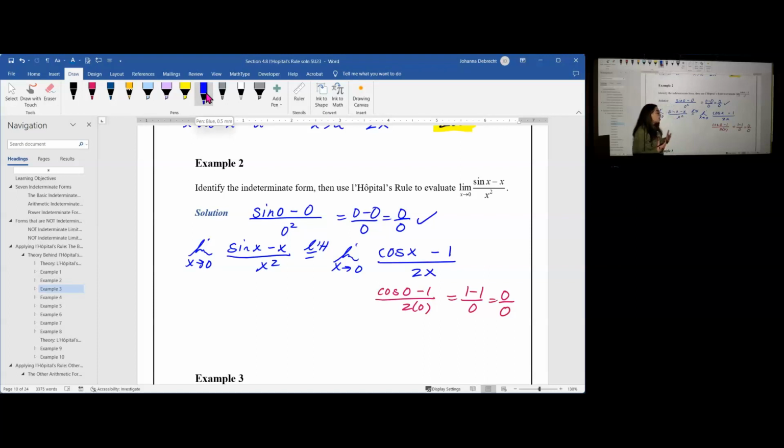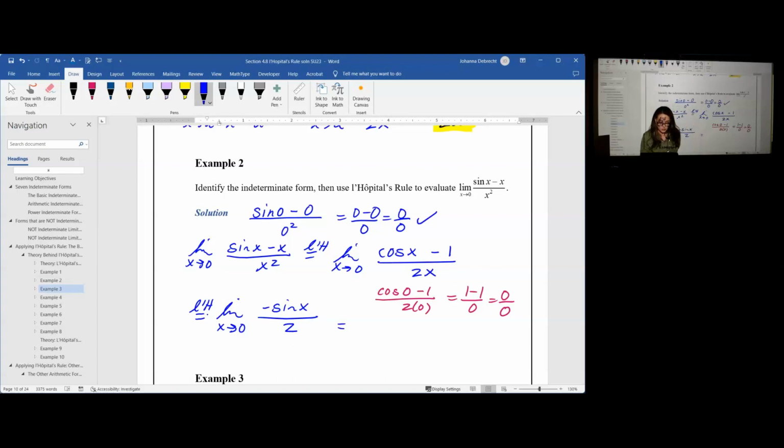But I happen to know that cosine of x minus 1 is differentiable near 0, and so is 2x. So I can apply L'Hopital's rule again. I put another L'H, and now I apply L'Hopital's rule again by taking the derivative of the numerator and dividing by the derivative of the denominator.